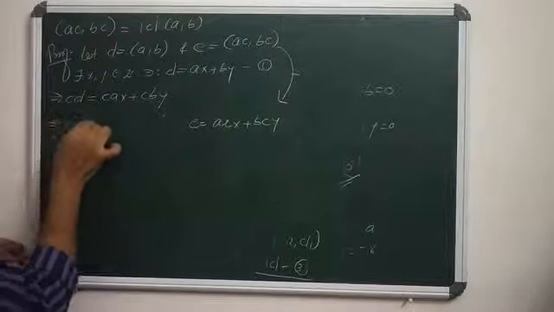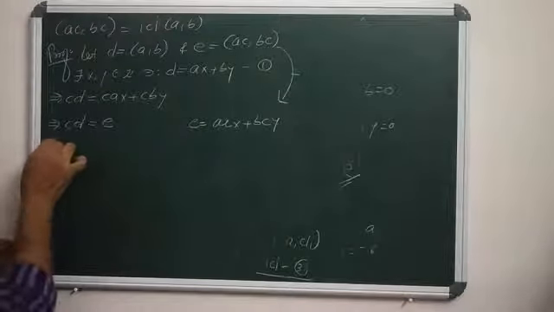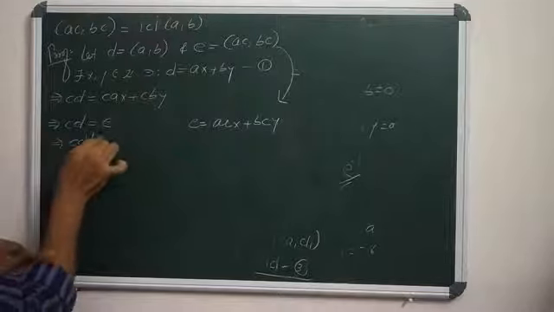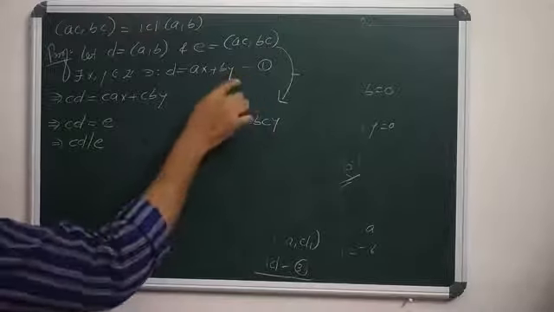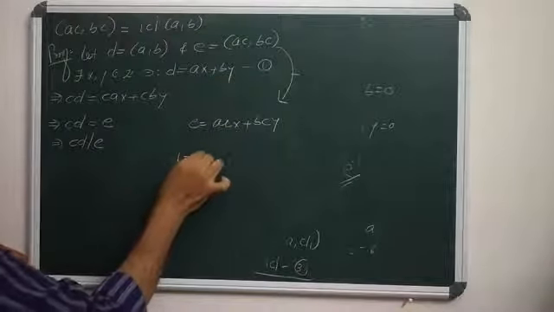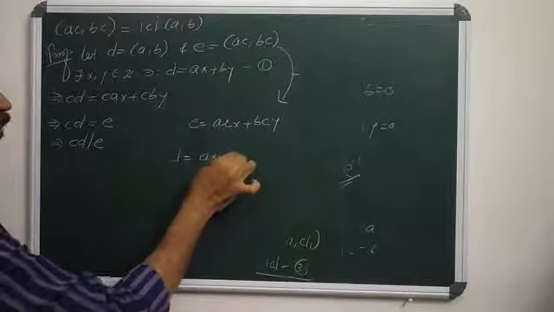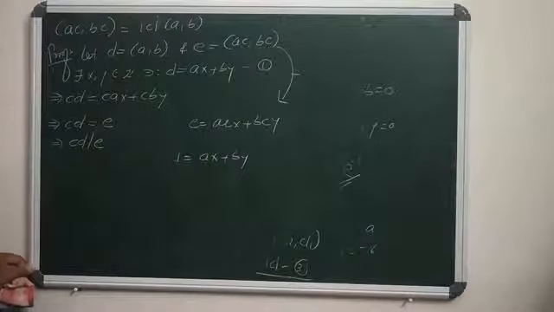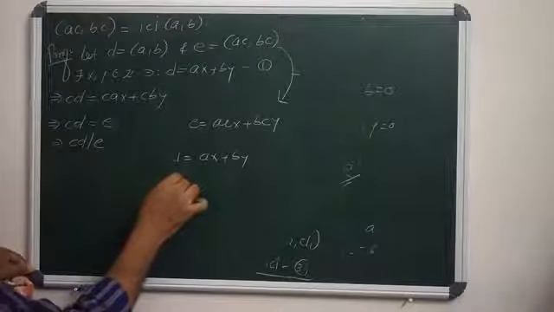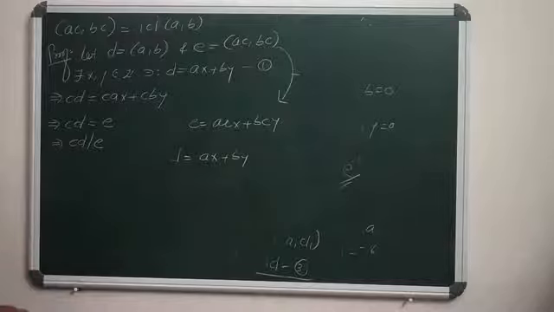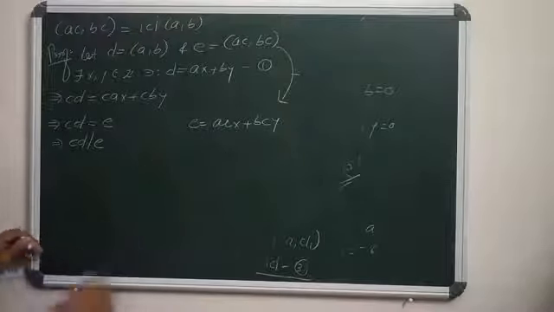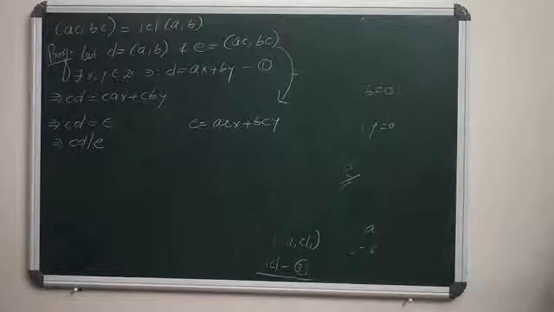That means CD divides E. But what is 1? From 1, D equals AX plus BY. So again CD divides C. Again D equals AX plus BY.